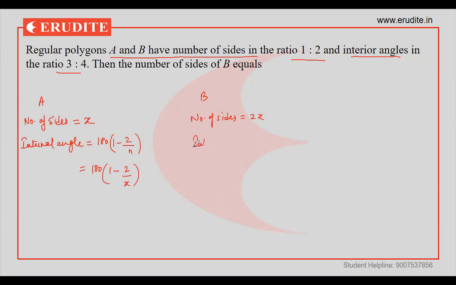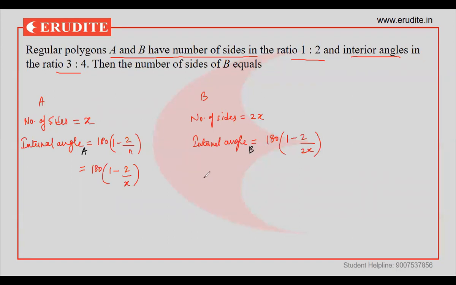Similarly, guys, here the internal angle will be how much? 180 into 1 minus 2 upon n, where n is the number of sides. Here the number of sides is 2x. And the ratio of the internal angles of A and B is given as 3:4.